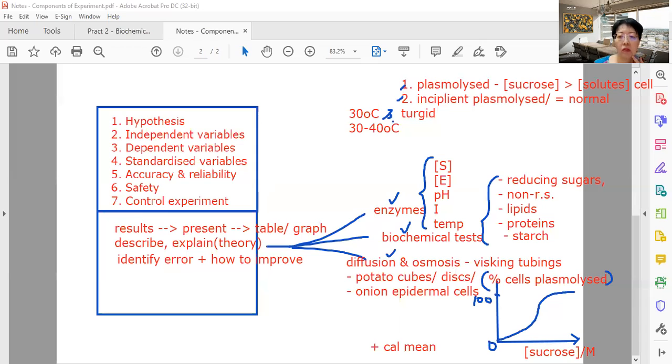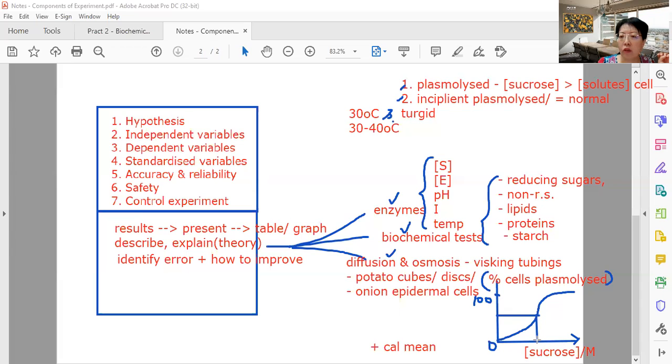I don't know. There's no 50% sucrose concentration here. My sucrose is in molar. There's no water indication here that says 50% water. I can't find this from the graph. I want to find it from the graph. 50% of cells plasmolysed. Correct. 50% of cells plasmolysed.